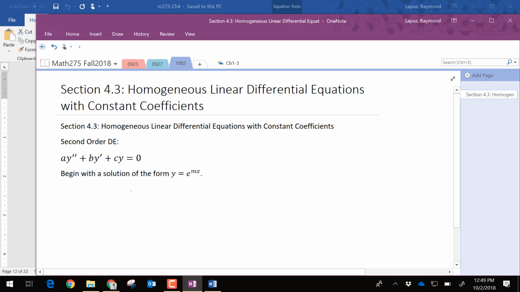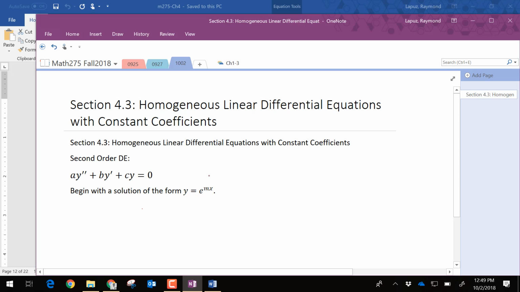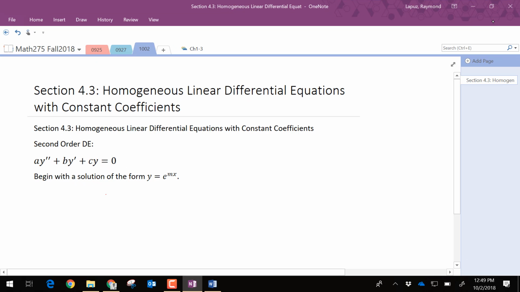And so if this is your exponential function, your possible solution, we need to find y prime and y double prime. So we'll find y prime first, and then y double prime.